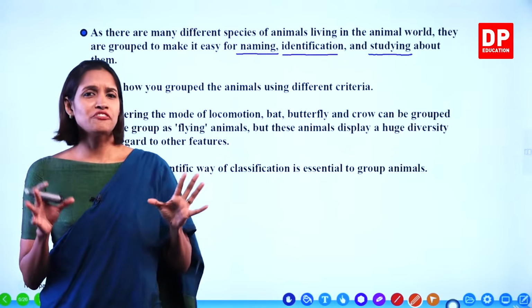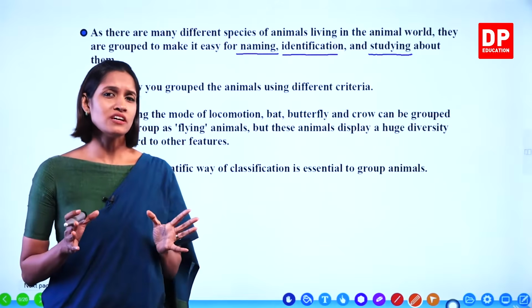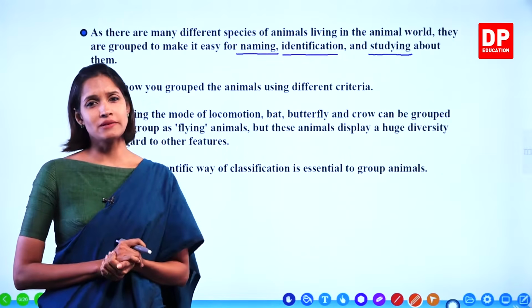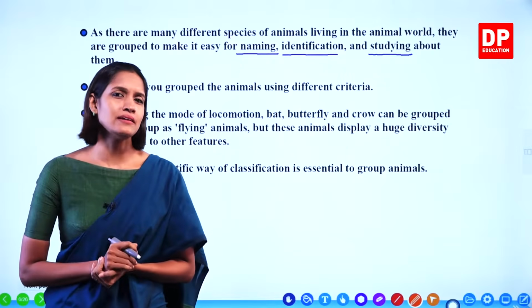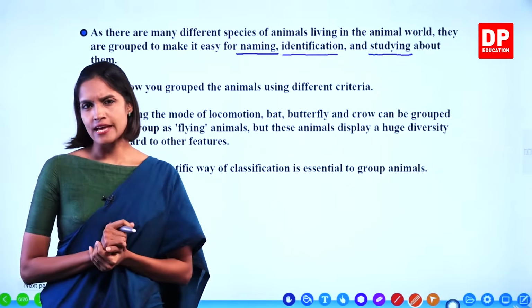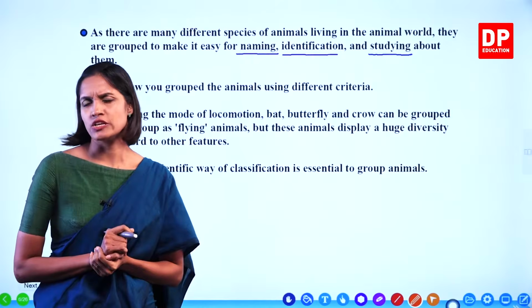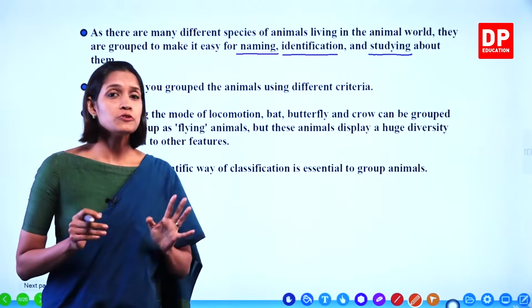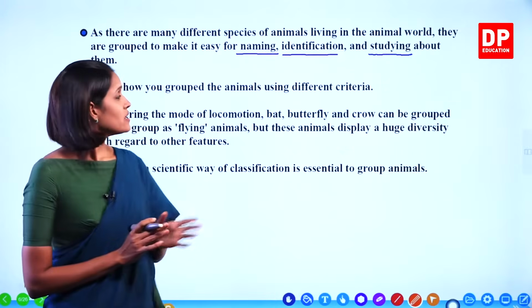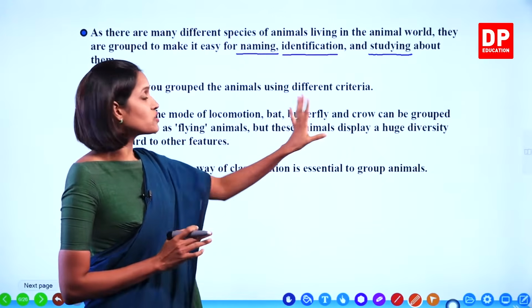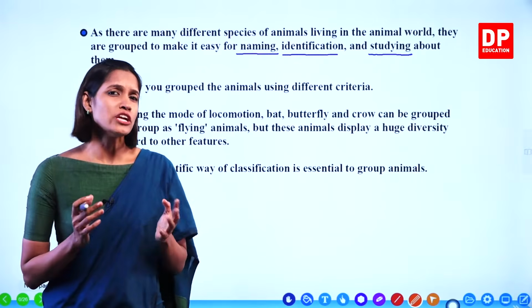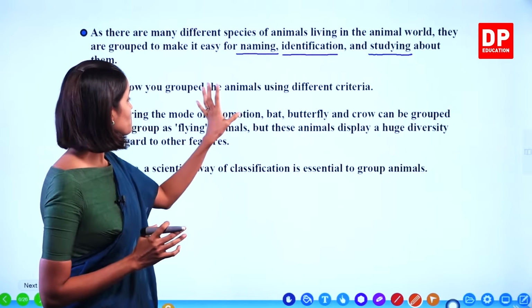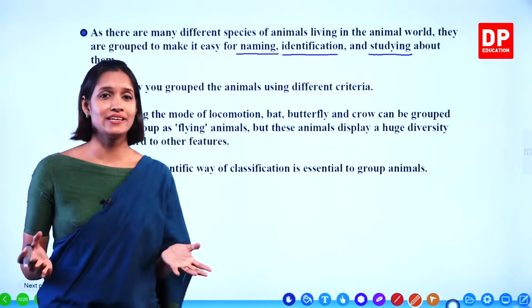We used different features that we can observe just to group these animals. But at the same time, now you have to understand that the method is not very scientific. Am I correct, children? If the method you used was very scientific, this bat, butterfly and crow should have a lot of common features. But the only common feature they had was the presence of wings and that they could fly.